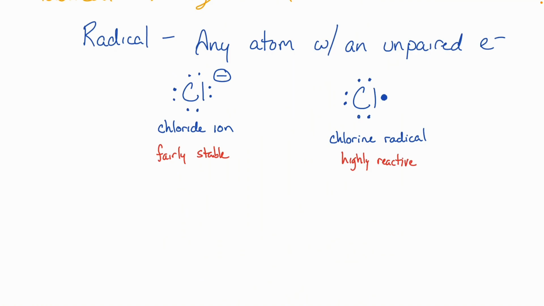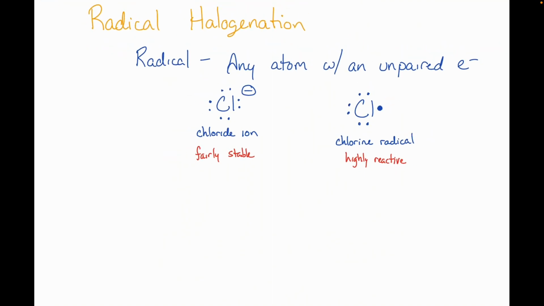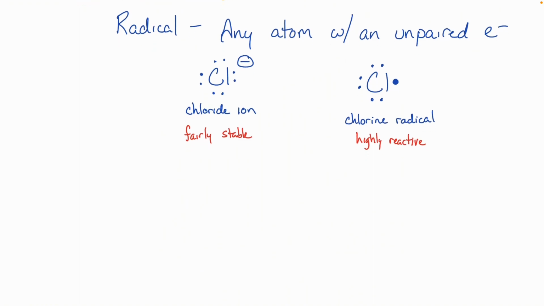They are trying to react with anything and everything in sight because electrons like to be paired, right? So the fact that this is this unpaired electron, we're going to see kicks off this whole series of reactions here. Yeah, it's just a highly reactive species. Okay? So all radical reactions, including our radical halogenation, have 3 steps.